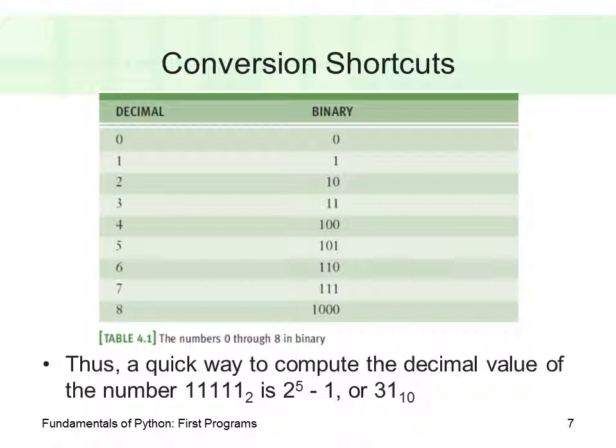Now, for certain values, there are some quick ways to compute the values, either going from decimal to binary or binary to decimal. Obviously, if a number is a power of 2, that's pretty easy. It's going to be a 1 followed by a bunch of zeros, depending on the power. Here we have 2 to the 3, or 8.